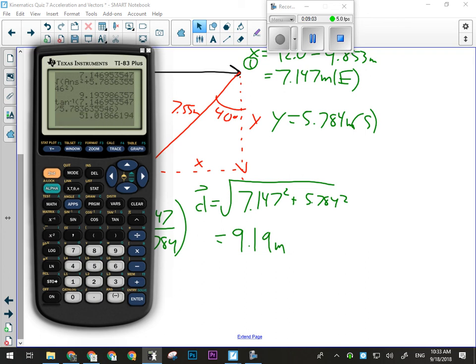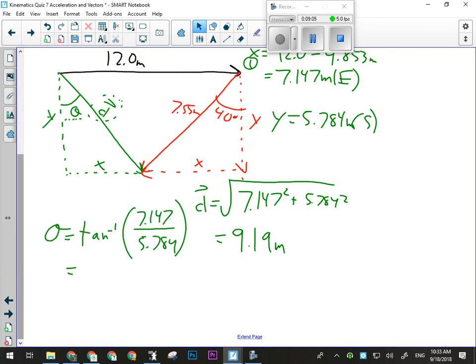Okay, so we're getting an angle of 51.0 degrees. And for me, that's going to be east of south. Okay, so give them a mark for the Pythagorean theorem calculation. Give them a mark for this calculation of the direction.